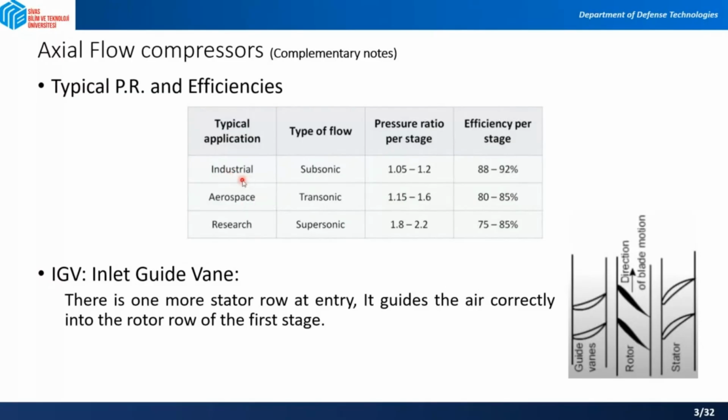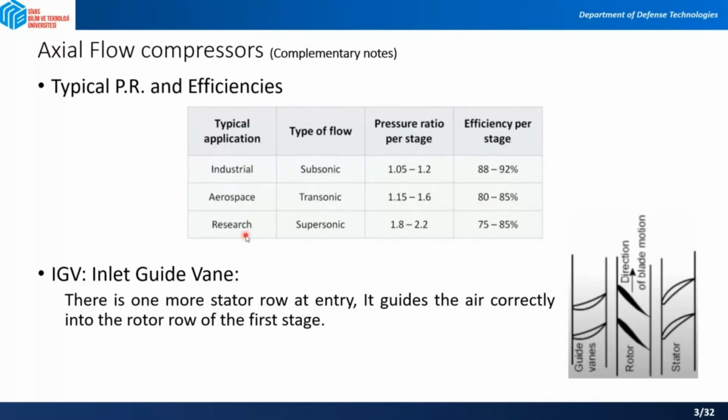Why is it lower? Because industrial ones are not aerial, let's say, engines or compressors. But in aerospace, you have to pay the price, so you make the compressor as small as possible, as light as possible. That's why your efficiency will decrease.